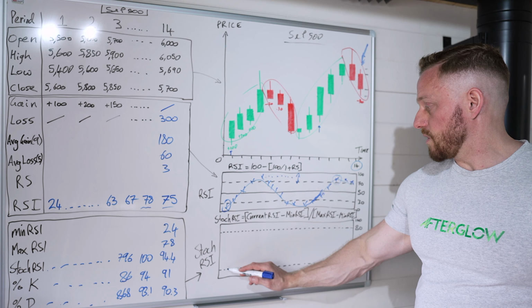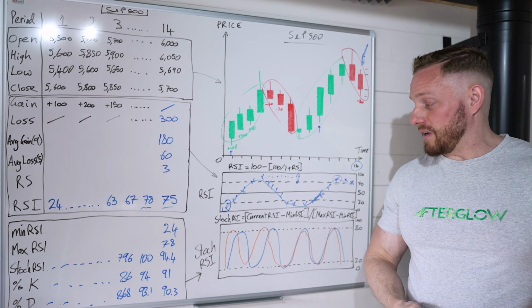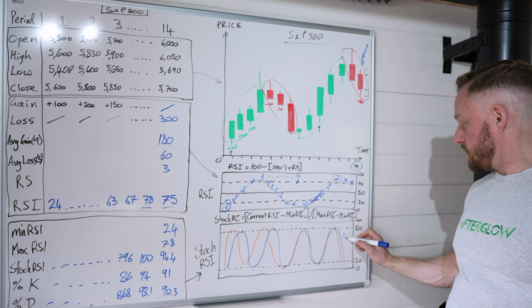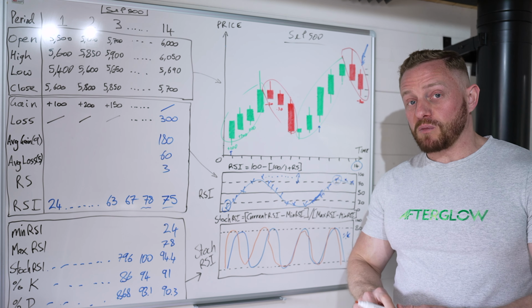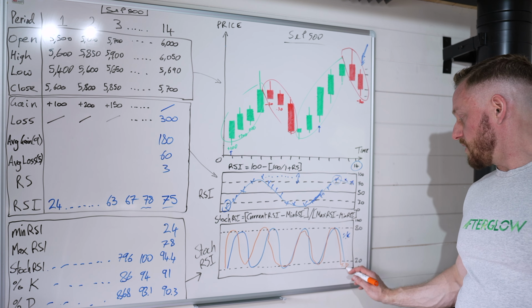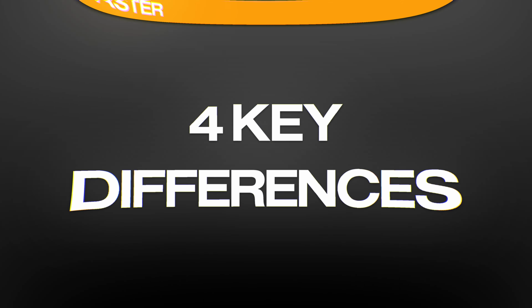So if I just draw those on, and essentially that's all there is to it. And the blue is the percentage K, or fast moving, and the orange is the percentage D, or slow moving. And that's how it works.